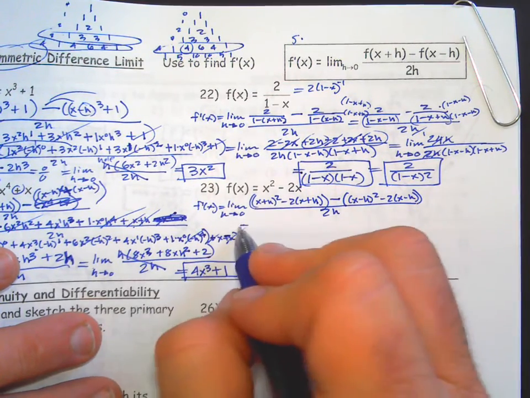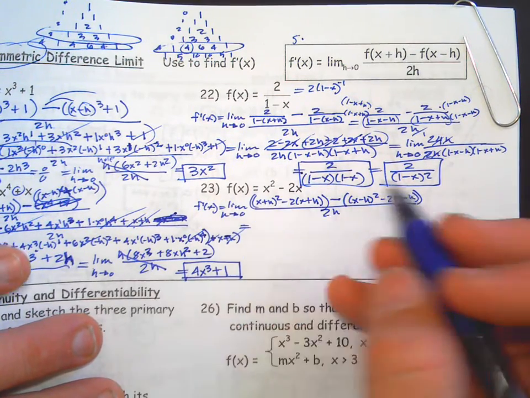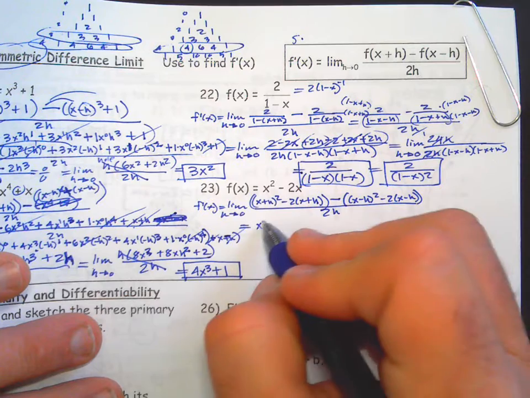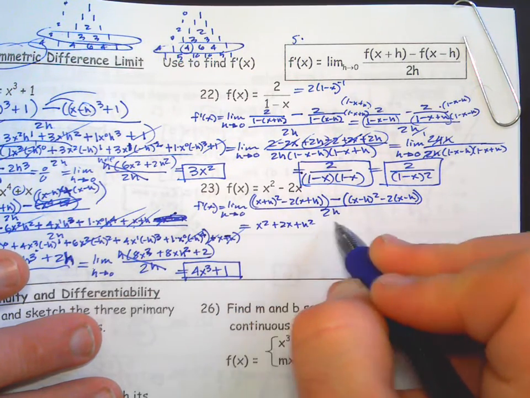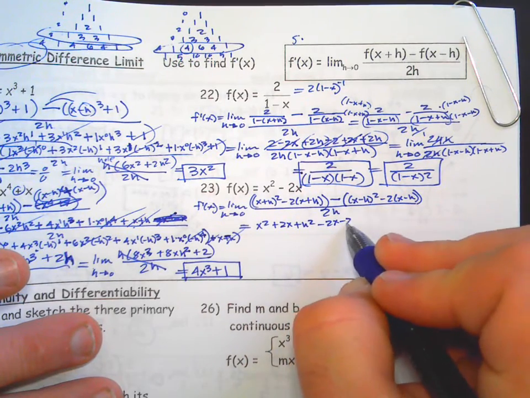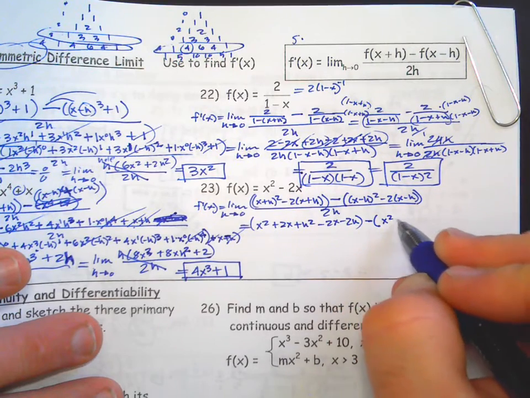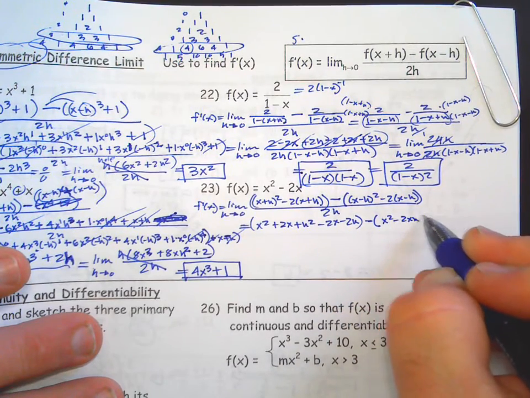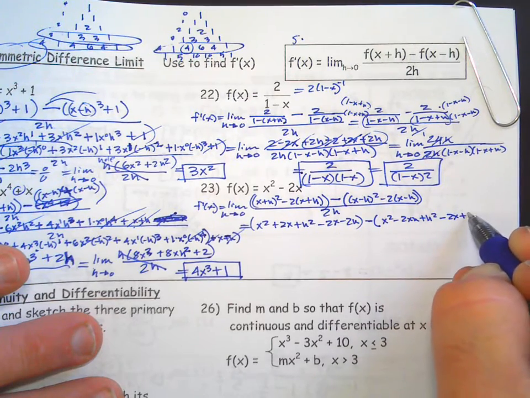So now, I don't think we necessarily need Pascal's triangle for this one, because x plus h squared, I can do that in my head. That's going to be x squared plus 2xh plus h squared. Pascal's triangle would work. And then you got to distribute this. Minus 2x minus 2h, minus, this is going to be x squared minus 2xh plus h squared minus 2x plus 2h.